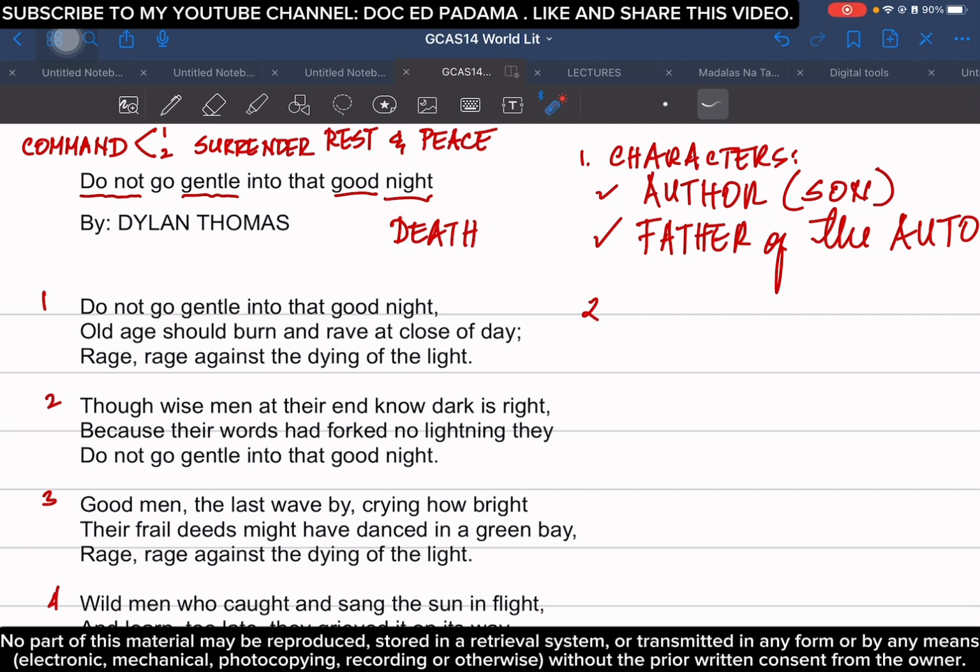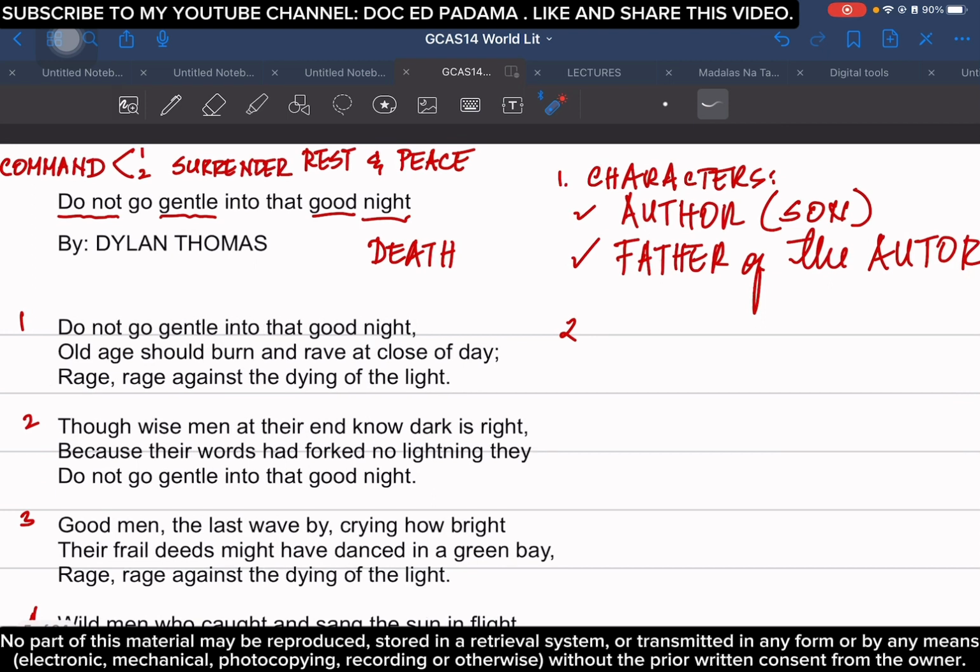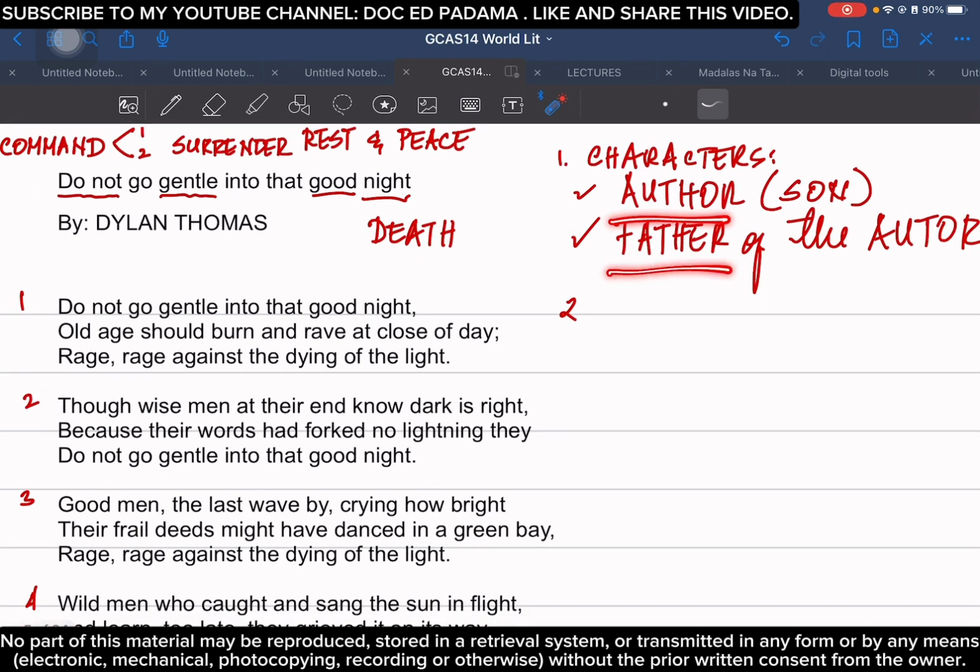Okay, now with this in mind, pagkatapos niyong malaman ito ngayon, sino sa palagay ninyo dito sa dalawang character ang nagbibigay ng command? The source of the command. Is it the author or the father? Is it the son commanding the father or the father commanding the son?